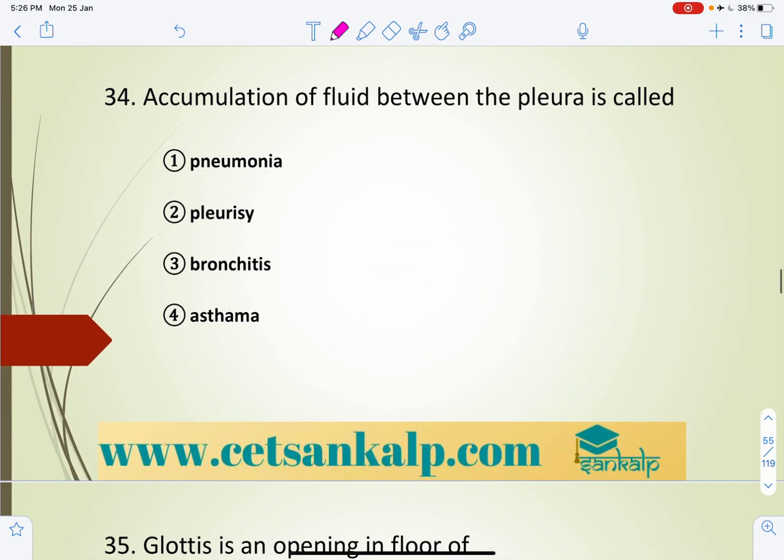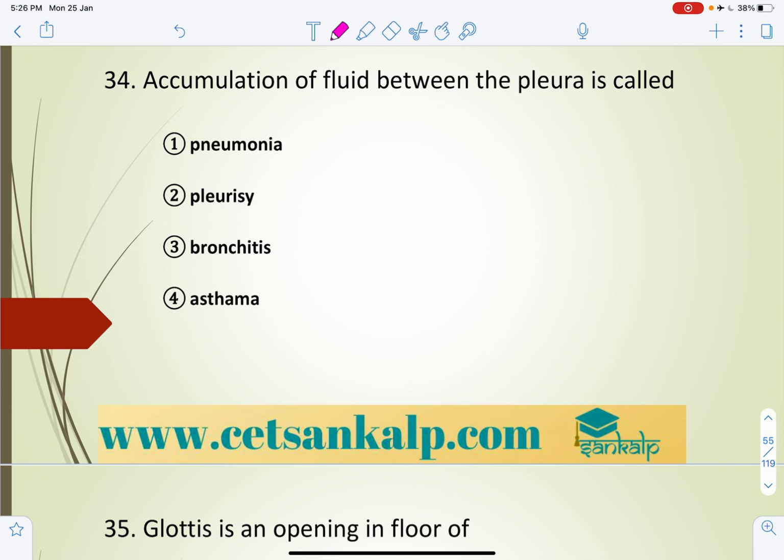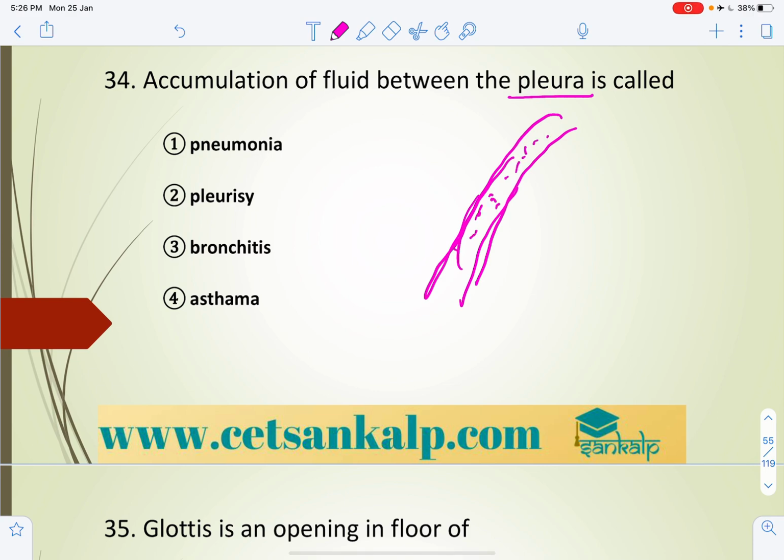In question 34, the accumulation of fluid between the pleura is called, so that is the pleura, right? There will be a cavity called the pleural cavity, which is filled with pleural fluid.